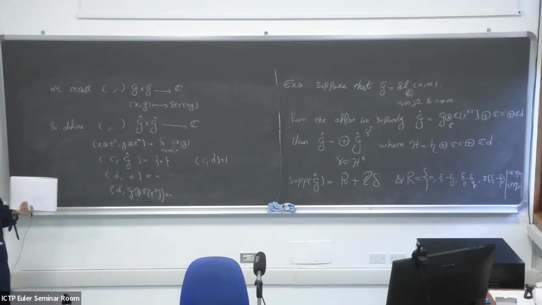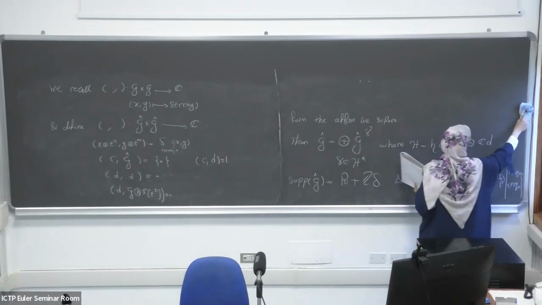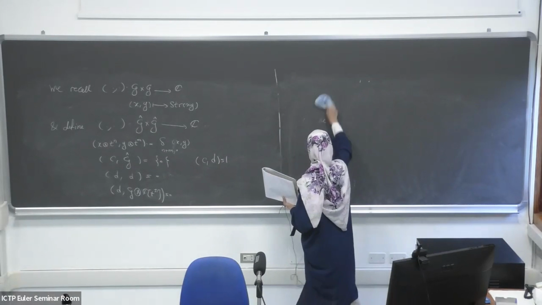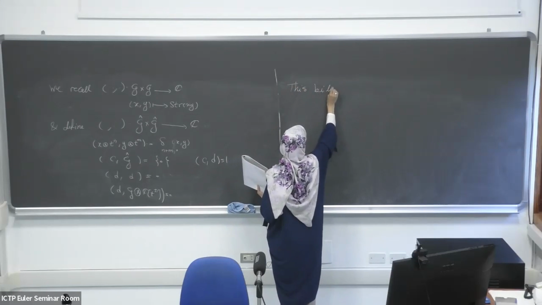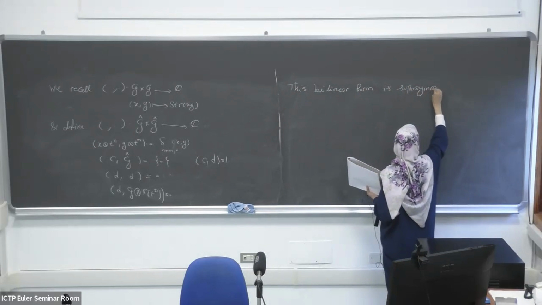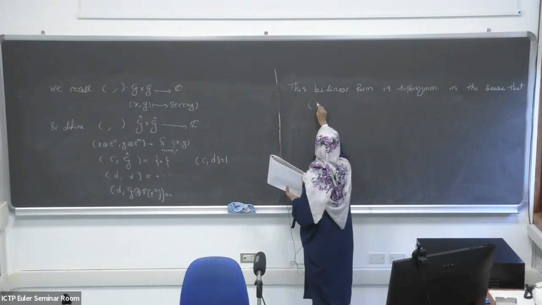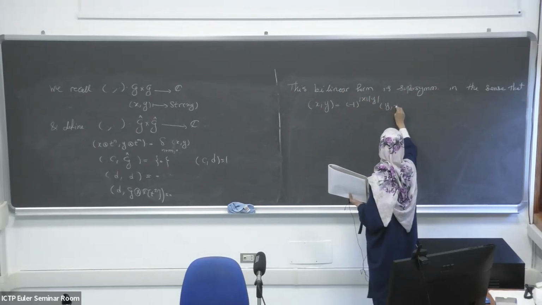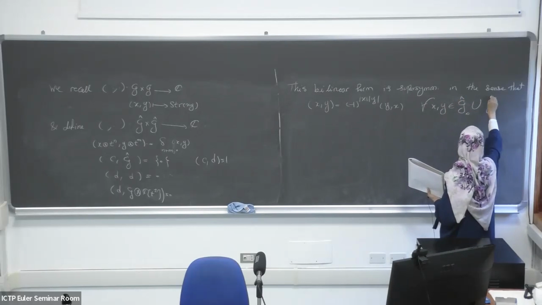And again, this is a bilinear form. This bilinear form is supersymmetric, in the sense that (x, y) equals (-1)^(degree x degree y) (y, x) for all x, y belonging to G hat 0 union G hat 1.